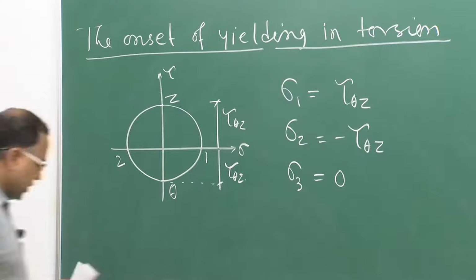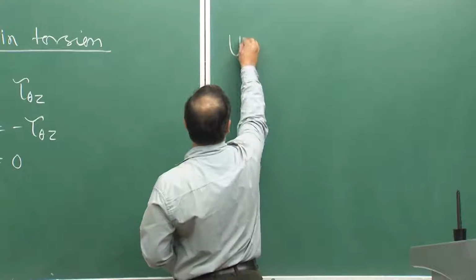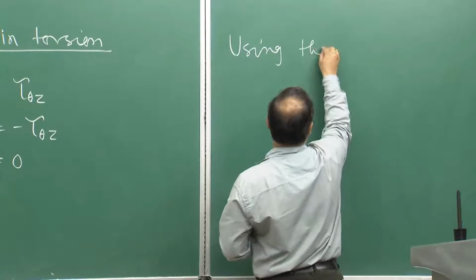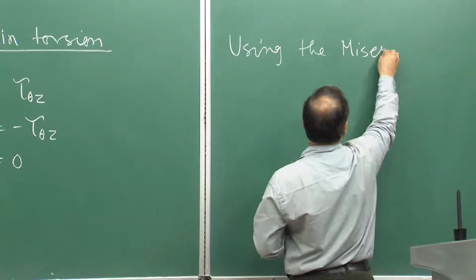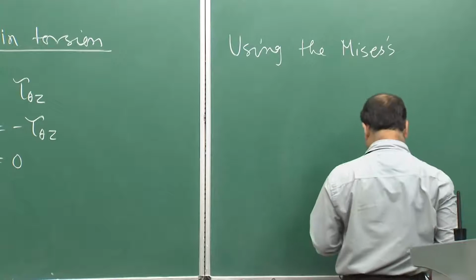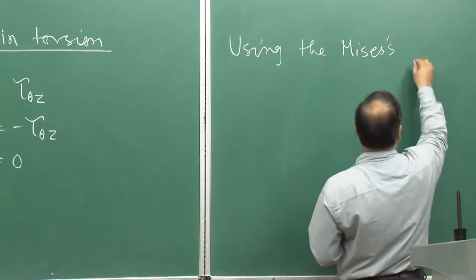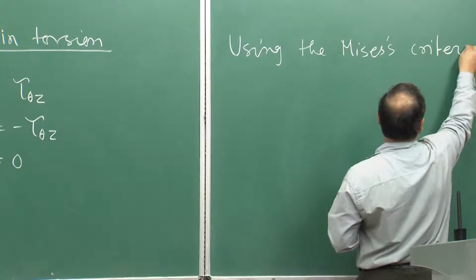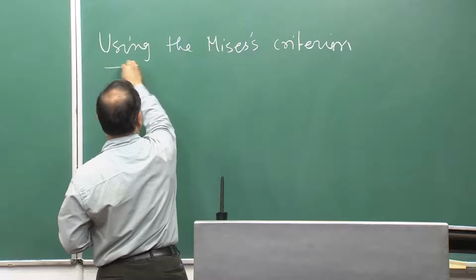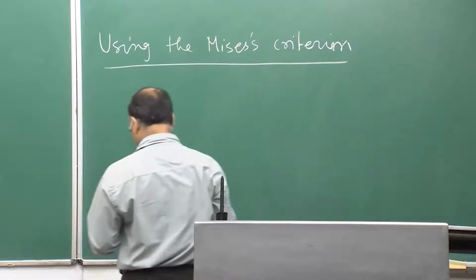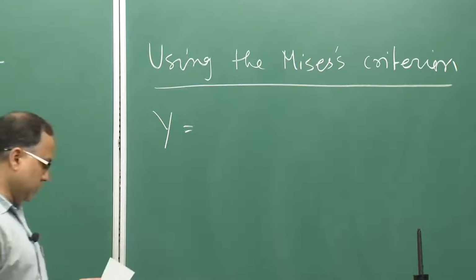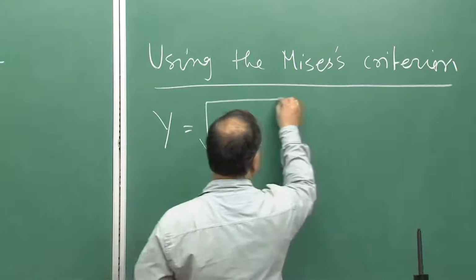Now, as per your Mises criterion, your yield strength Y is given by this equation.